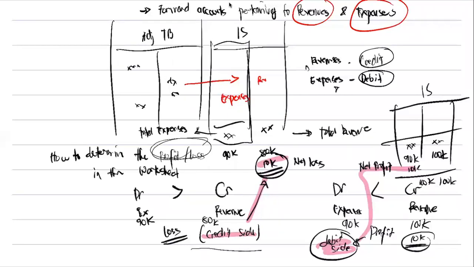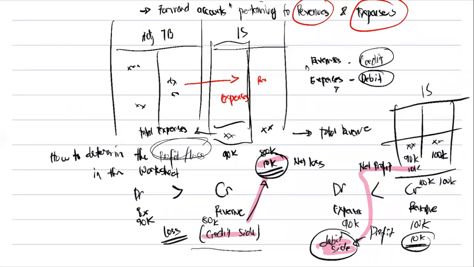But if the expenses are lesser than the revenue, then there is a profit. Where do we place our profit in the columns on your worksheet? If there is a profit, we place it on your debit side. If there is a loss, we place it on the credit side. Okay, I hope we're clear here regarding the income statement.